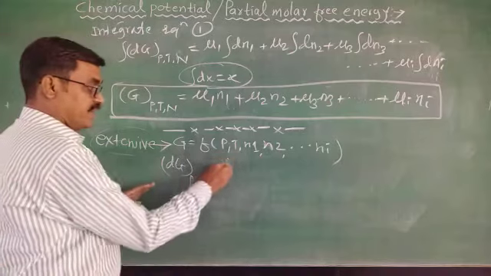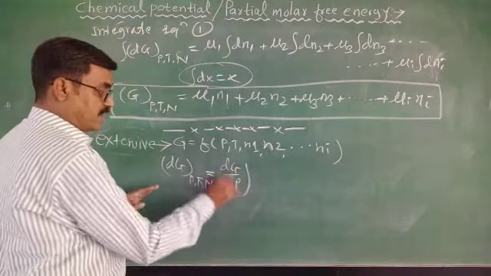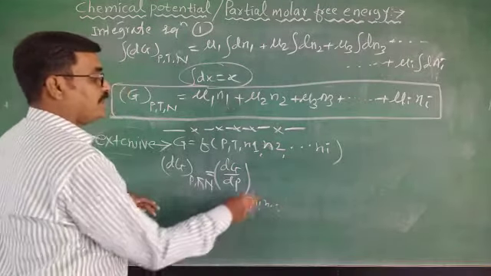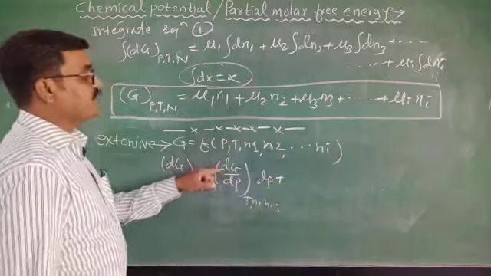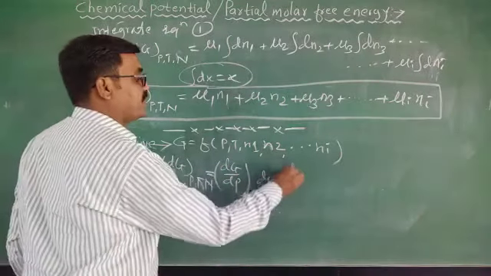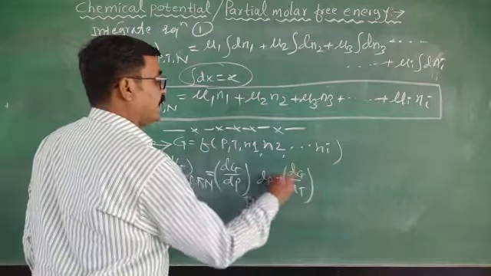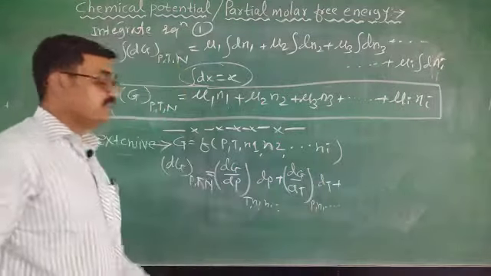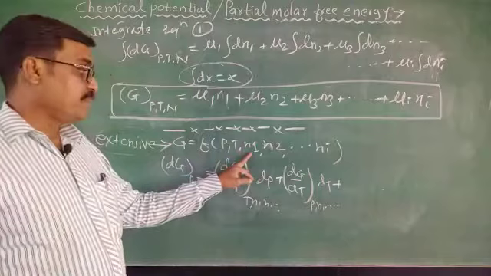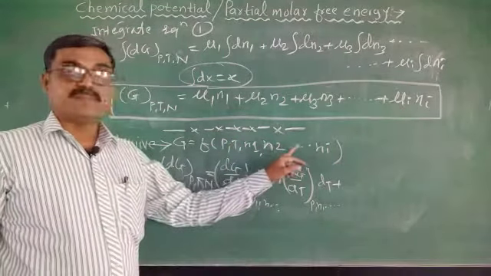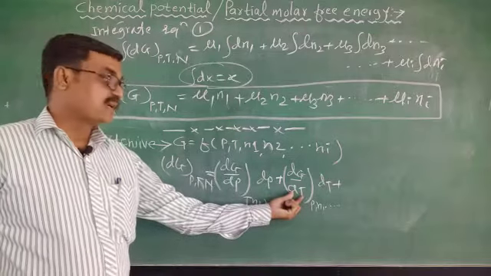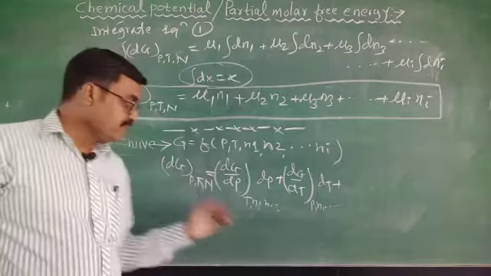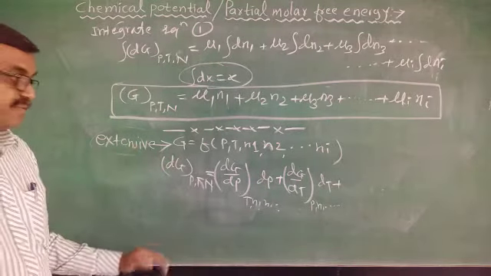First differentiation: dG upon dP, keeping the others constant, meaning temperature, n1, n2 are all constant, into dP, plus the second term, differentiating with respect to temperature, dG upon dT at constant pressure, n1, n2 and so on, into dT, plus dG upon dn1, keeping pressure, temperature, n2 and so on constant. Except for the variable you differentiate with respect to, all the others you write as subscripts. In this way, you get the mathematical equation.